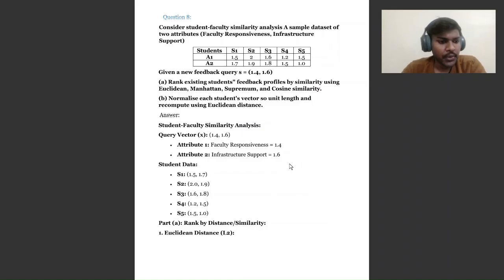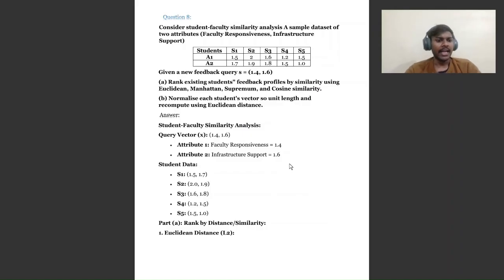In this question, we compute a new feedback vector S equals 1.4, 1.6, representing faculty responsiveness and infrastructure support, with five existing profiles, which are S1 equals 1.5, 1.7, S2 equals 2.0, 1.9, S3 equals 1.6, 1.8, S4 equals 1.2, 1.55, and S5 equals 1.5, 1.8.